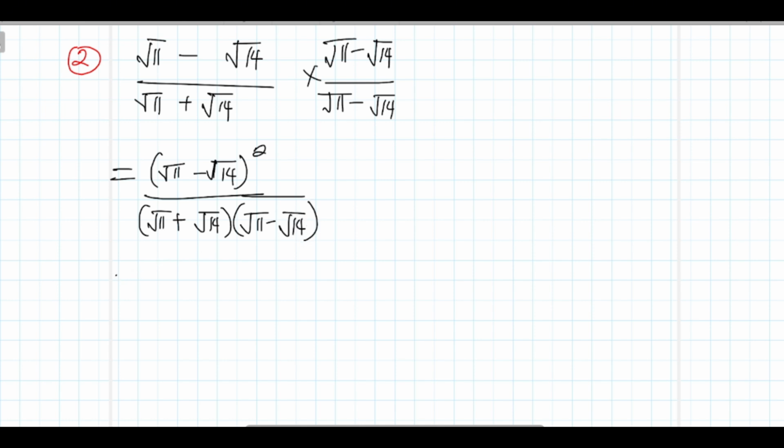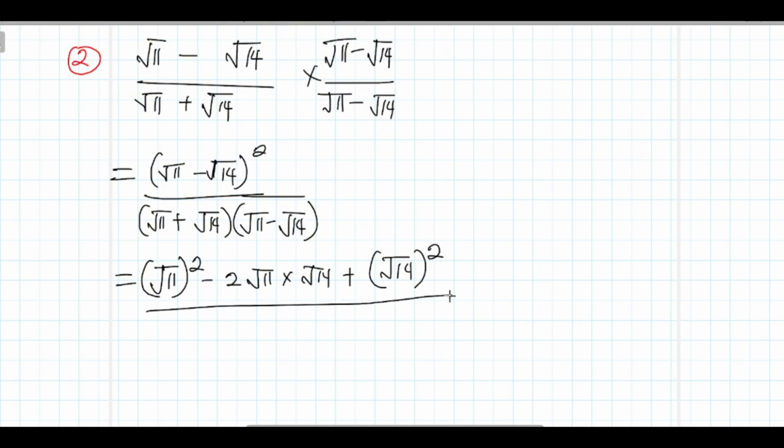Okay, so this is what we have. If we use our difference of two squares formula, this will be square root of 11 squared minus 2 into square root of 11 times square root of 14, plus minus times minus, that's plus square root of 14 squared, all over square root of 11 squared minus square root of 14 squared.